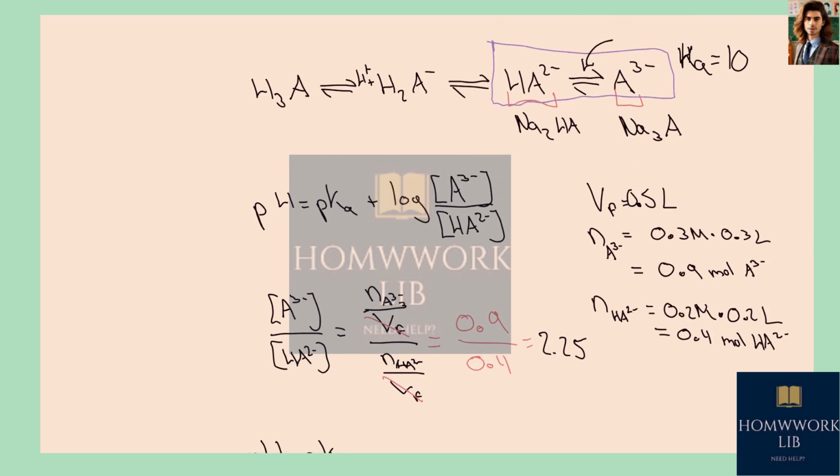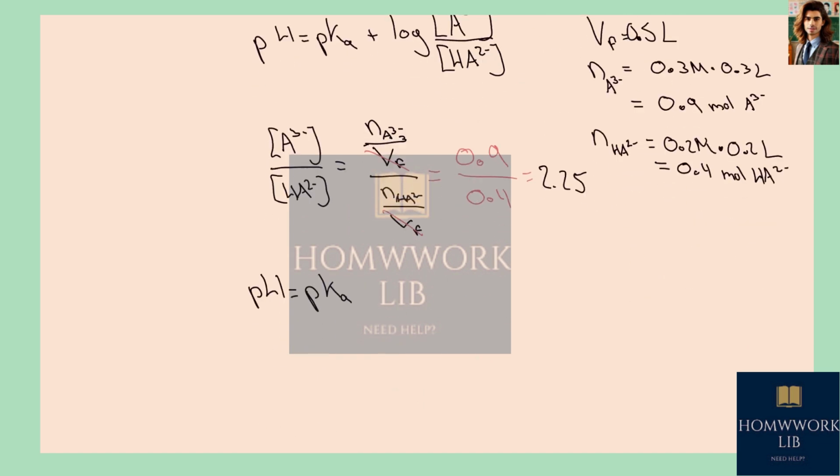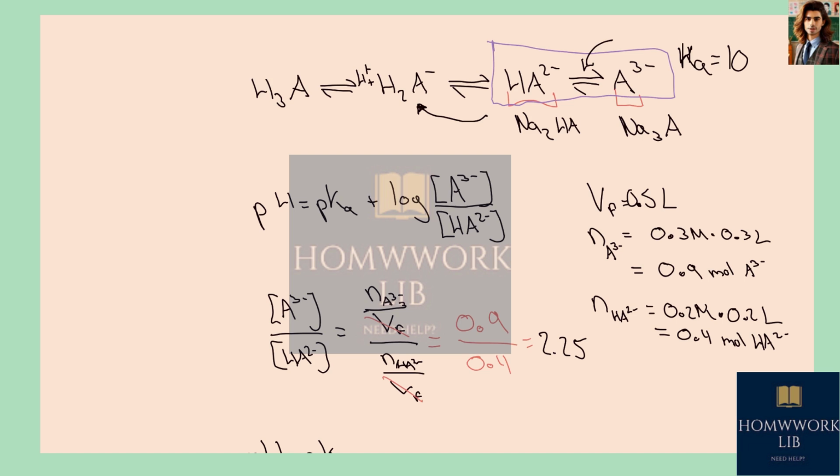Now here we could also consider the amount of HA2 minus that may react with water in order to produce this. Now let's see if that is true or not. So in order to assess if that equilibrium is going to happen or not, we can take the values for the Ka's for each of them. In this case, the pKa is equal to 10.